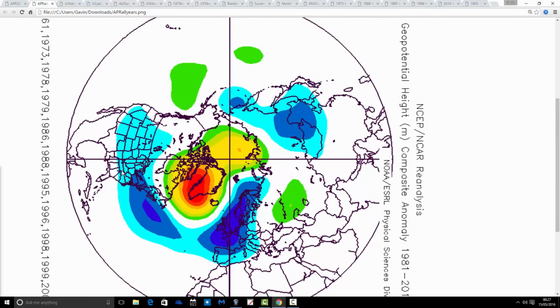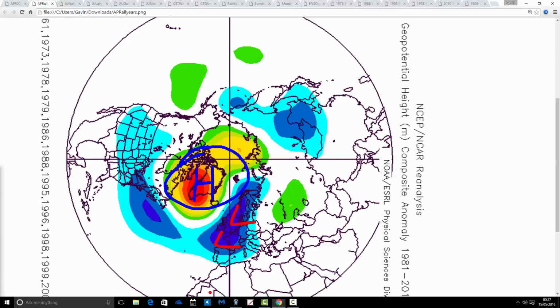Putting all of those 17 years together, this is how the reanalysis looks for those 17 years, with high pressure centred around Greenland and the pole, and then low pressure underneath it through the mid-latitudes and into the United Kingdom.